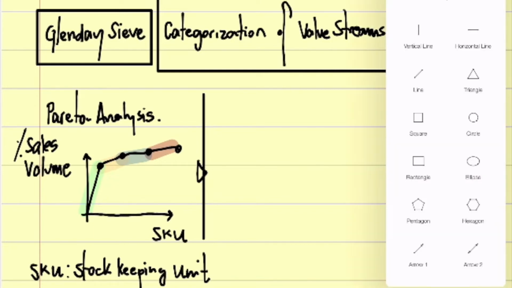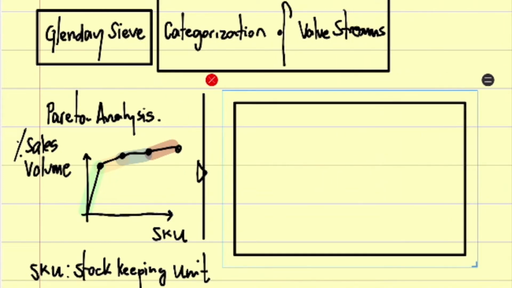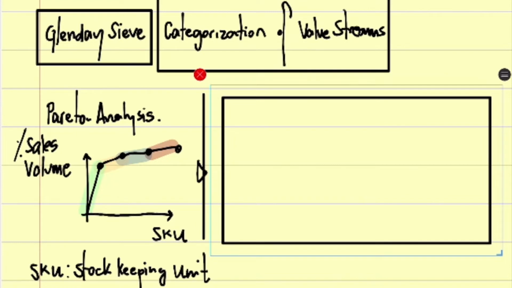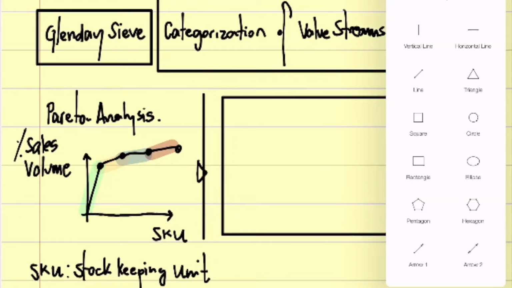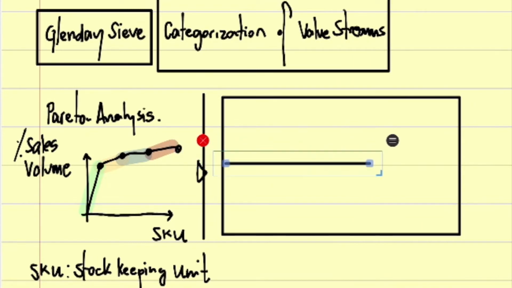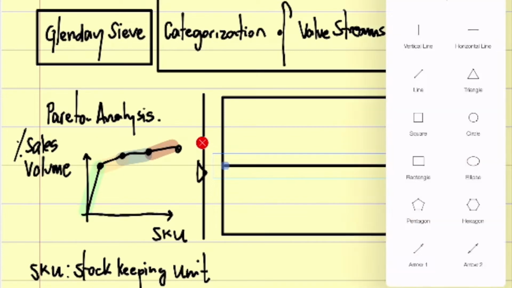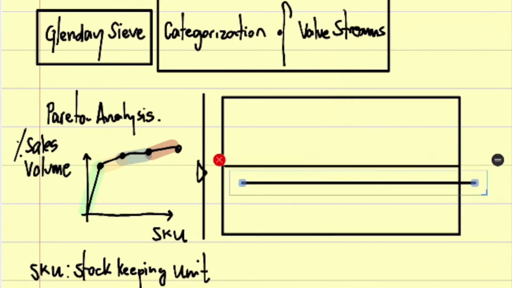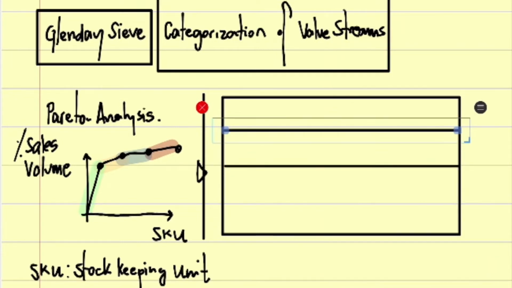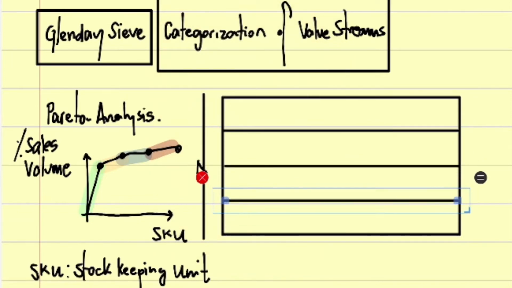So this guy developed a methodology, and I'm going to give you the result first, and after that I will give you the strategy for each one of the value streams. I think this is the best way to explain the whole gist. So let's say we have 4 categories, as I said: 1, 2, 3, and 4.